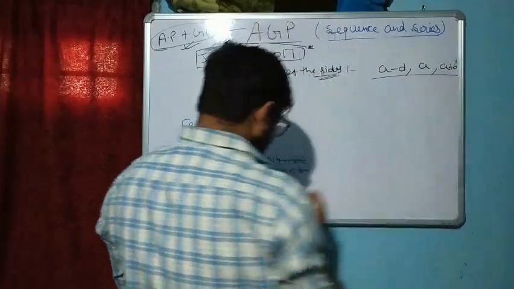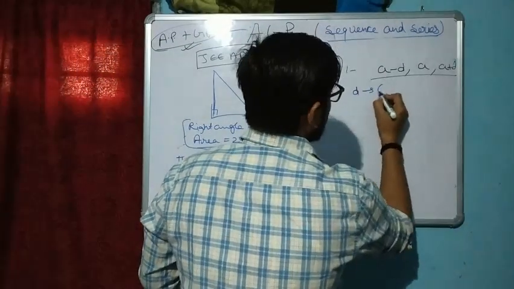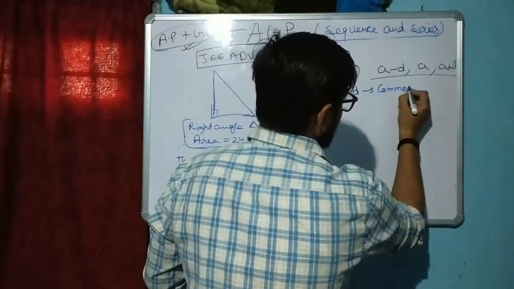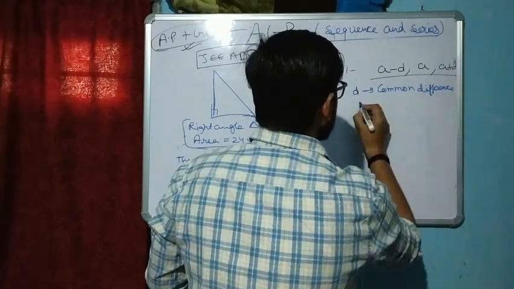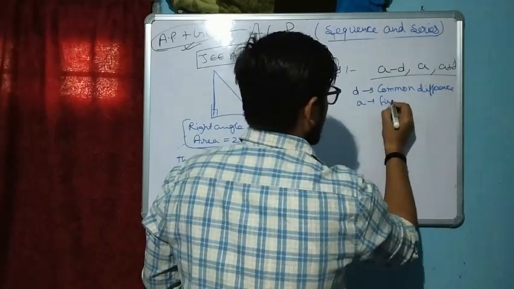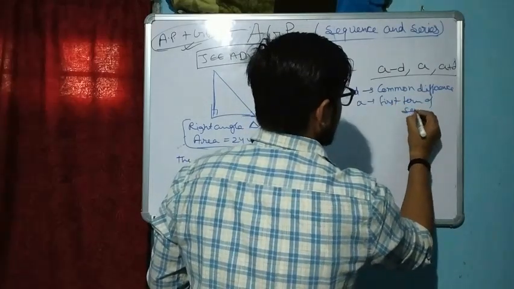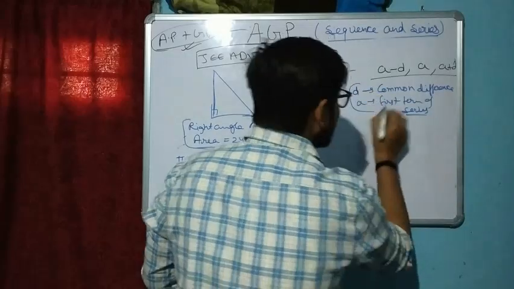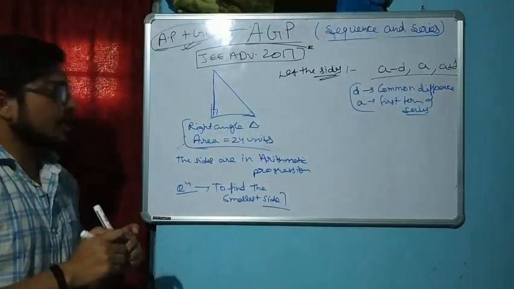Now what are a and d here? d is basically the common difference, and a is the middle term of the series, which consists of these three terms, which are the sides of the given right angle triangle.